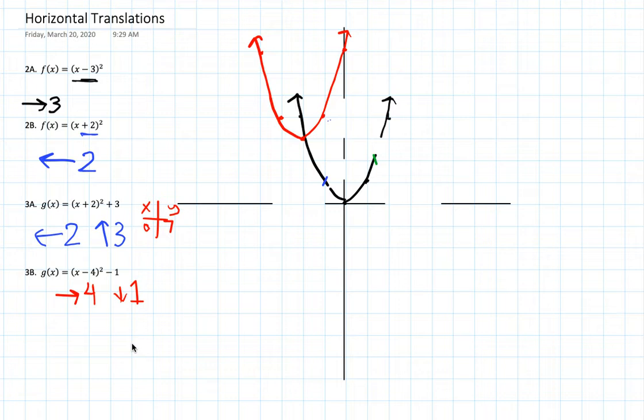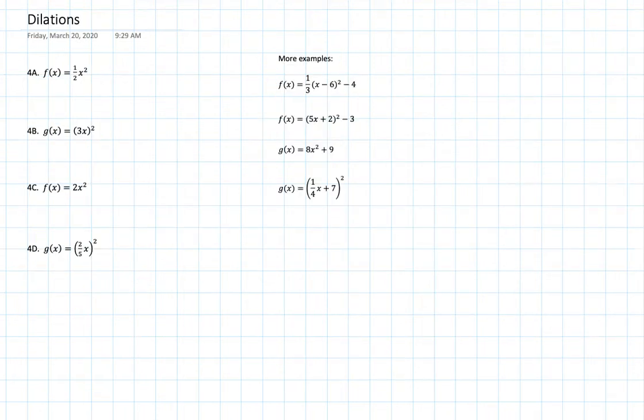Let's go on to dilations, a little bit more difficult. So if you remember, I'm not going to be drawing all these out, but if you remember the dilations, you can have vertical stretches or compressions, and those are going to be on the outside of your function, okay?